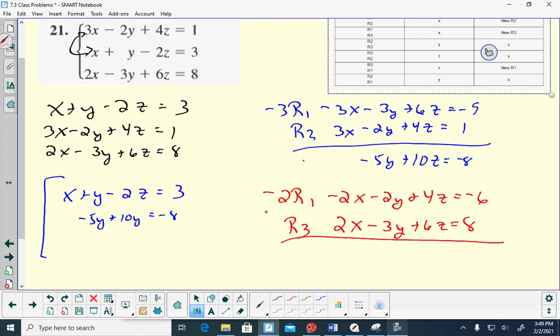And when I do this, that'll equal 0. So this will be negative 5y plus 10z is equal to positive 2. Oopsie. And this should be a z.